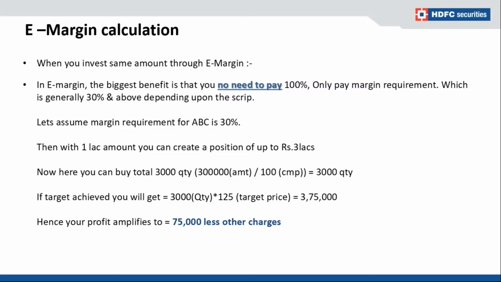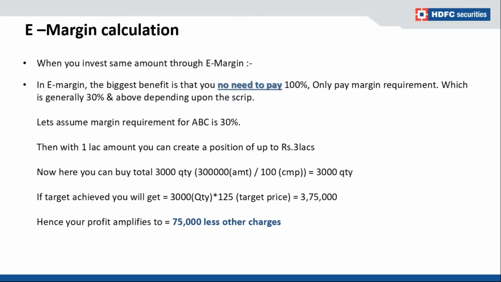Also for those who are doing intraday, suppose today I am taking a position in intraday, but I know the market is very volatile. Today we predicted the market will go from 100 to 125, but that day it did not reach that much.